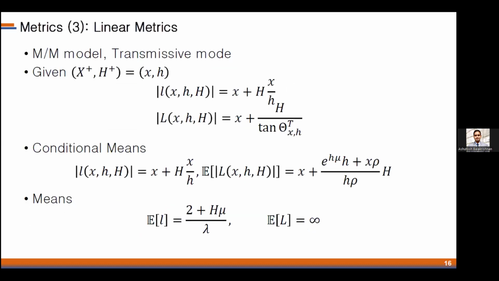Again, we considered the MM model and the transmissive model, and it is possible to obtain the length of these two in this way. Since we know the joint distribution of the height and location of the blocking building, by deconditioning it, we can get the expectation of the length of the visible region without and with RIS.